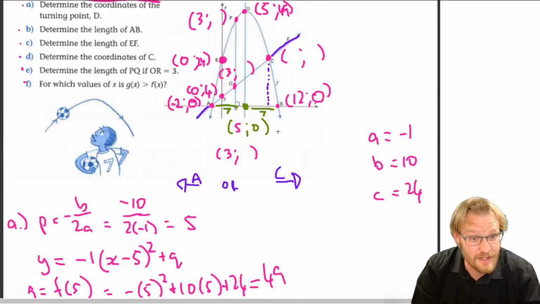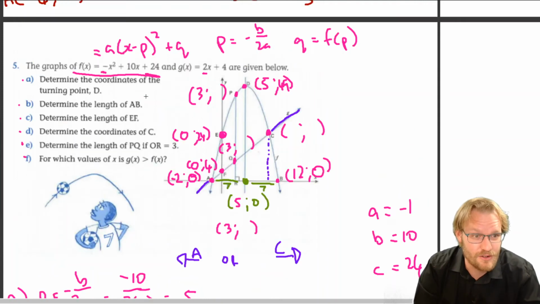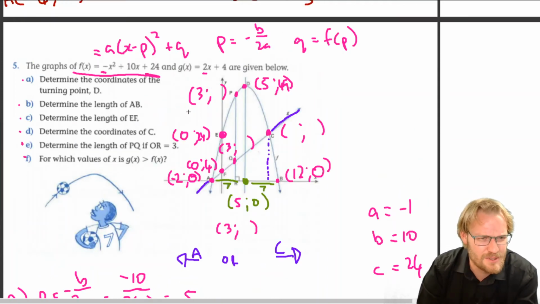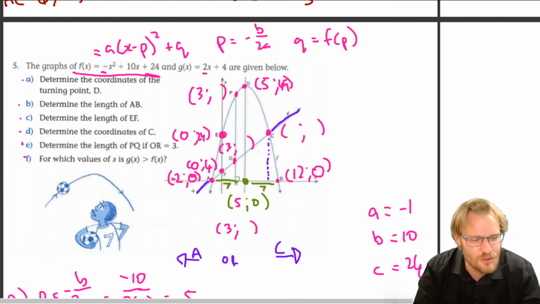Definitely feels a lot quicker and easier than having solved the quadratic. Except, of course, you would have just put it into your quadratic formula and got your two solutions, minus 2 and 12, or you would have factorized and it would have factorized quite nicely. So it's not a huge saver, but a useful one, I think.